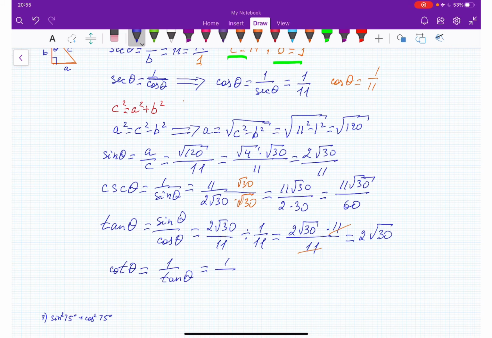Oh, here it is. 2 square root 30. 1 over 2 square root 30, which is going to be, multiplying and dividing by square root 30, 2 square root 30 times square root 30. And that is going to be square root 30 over 60. All right? All right, we are done.